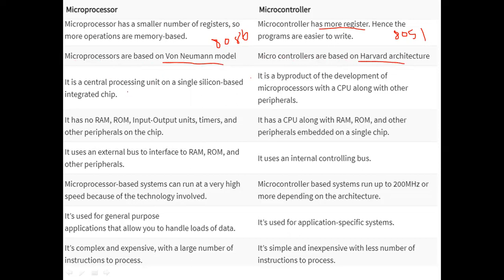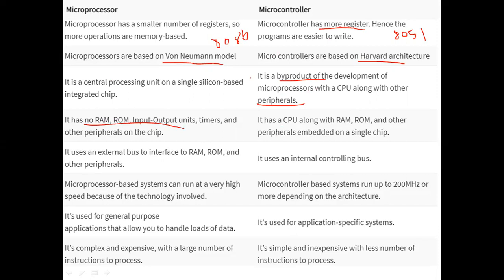A microprocessor is a central processing unit on a single silicon based integrated chip. A microcontroller is a byproduct of the development of the microprocessor, with the CPU along with other peripherals like interrupt controller, timer, serial port, etc. A microprocessor has no RAM, ROM, IO unit, timer and other peripheral devices on the chip. The chip depends only on the CPU, like a processor.